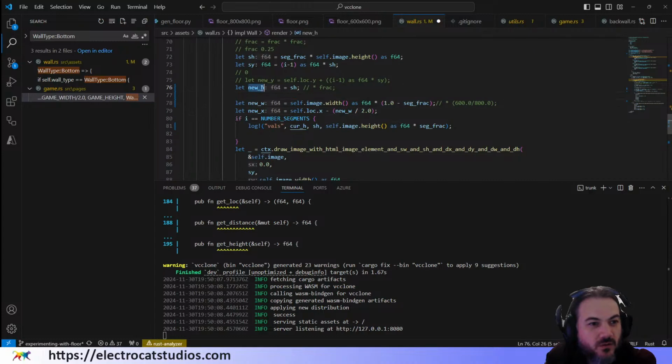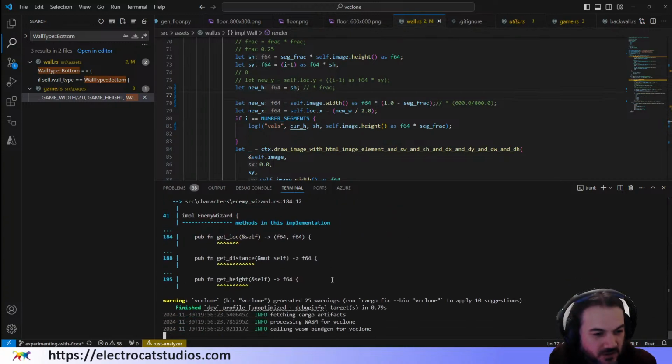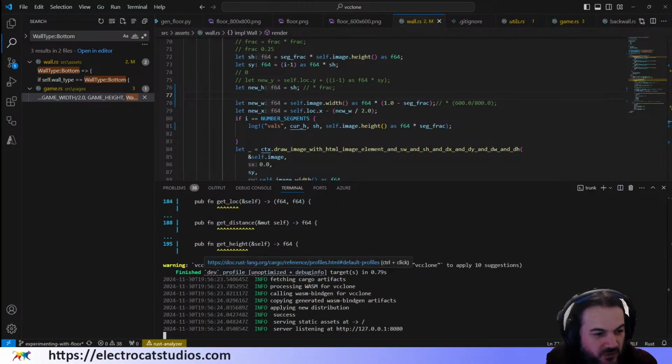The new height is going to be, well, let's try this and see what this does. This will definitely be wrong, but I'm hoping it's going to be closer.